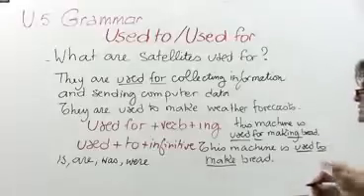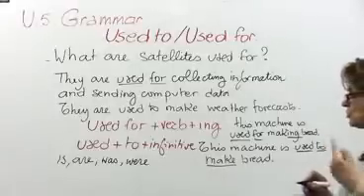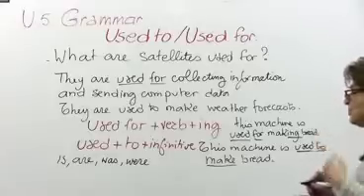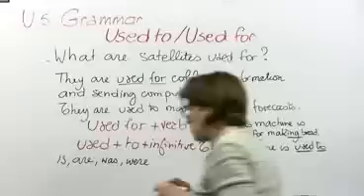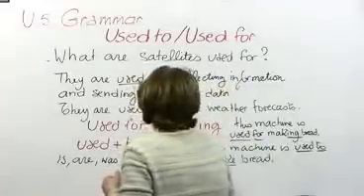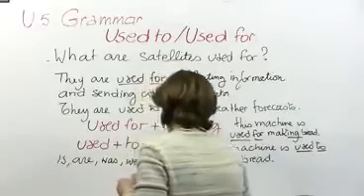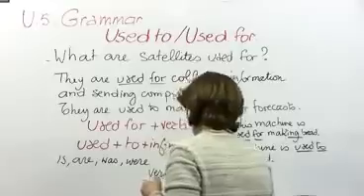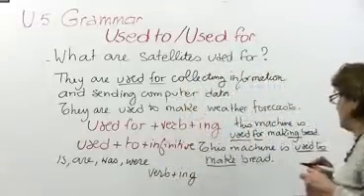You say is used for, are used for, was used for, were used for. It is followed by the gerund. The gerund means verb plus ing. Like here you have making.